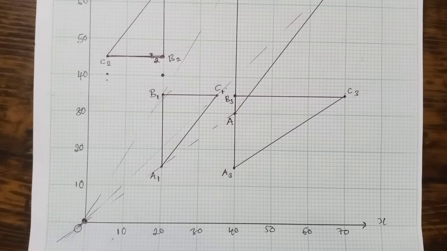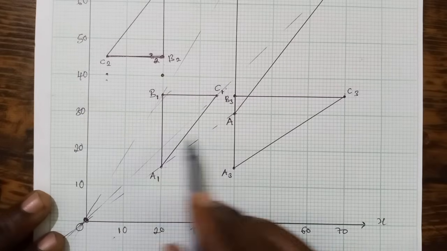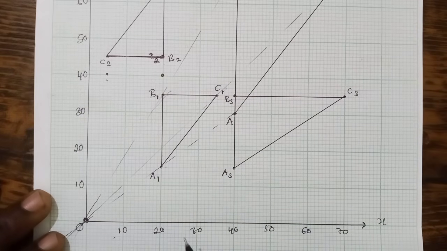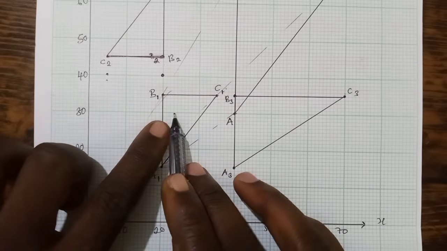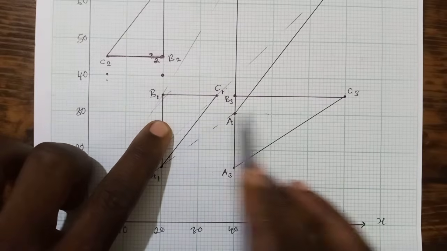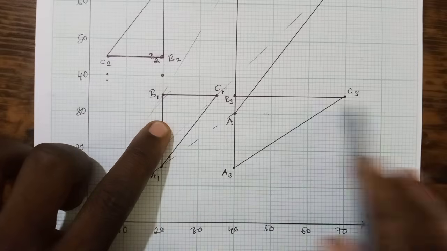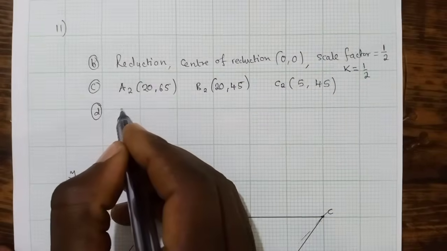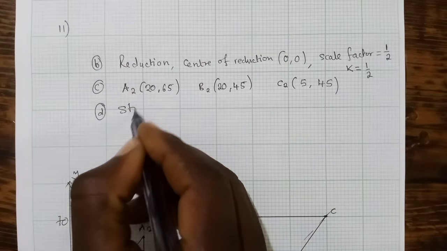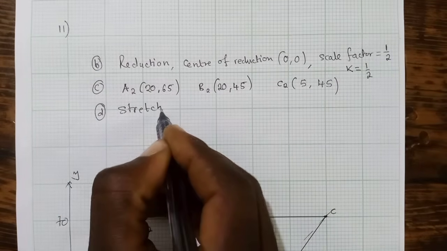But the other question says describe fully this transformation. So this transformation here is a stretch. If you can see, this triangle is the same as this, but now this one has been stretched this way. So you can say it's a stretch.